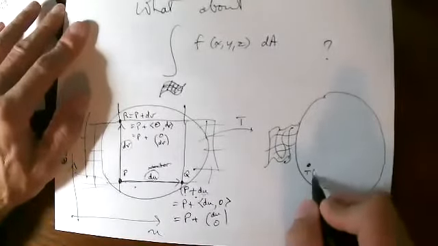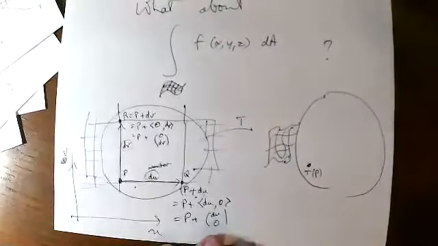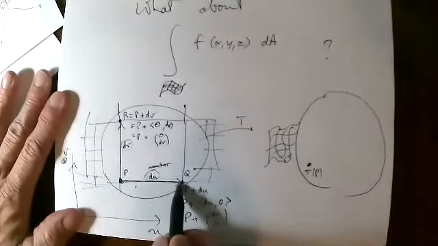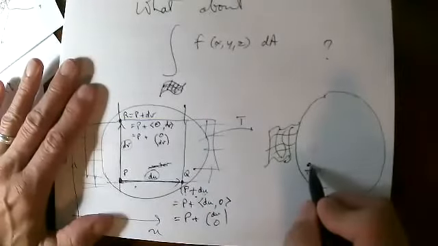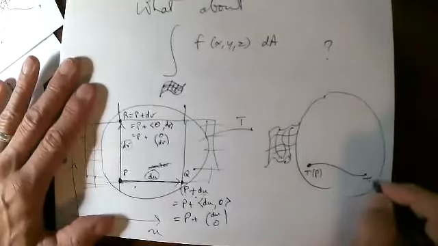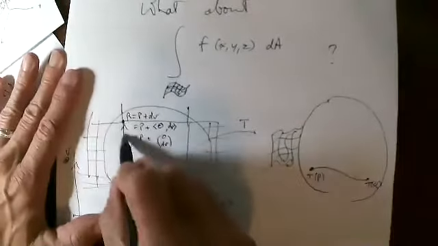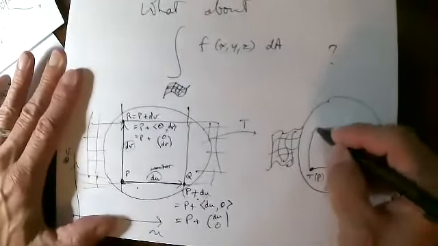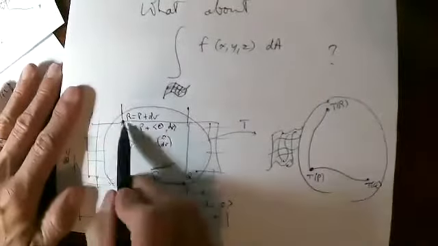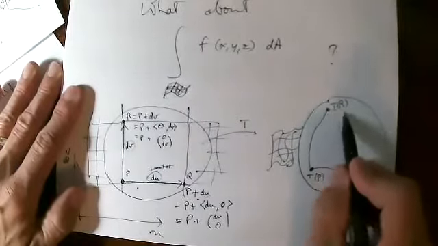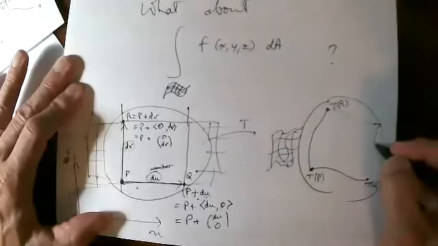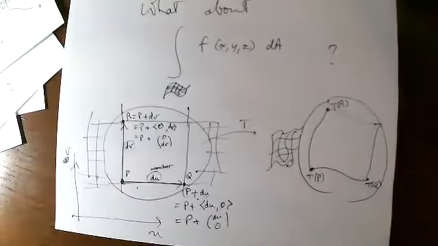It'll be sent to the point capital T of P. And then this little line segment will be sent to some curve that carries you to capital T of Q. And this little line segment will be sent onto a different curve that goes to this point T of R. There's another corner that can be joined to these other two, and so you'll get something that looks like a sort of wavy rectangle.